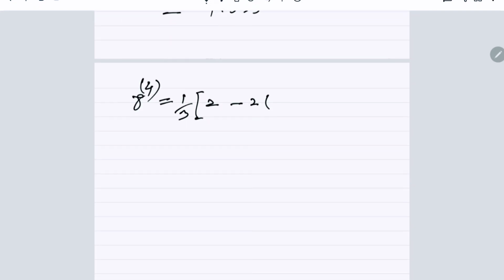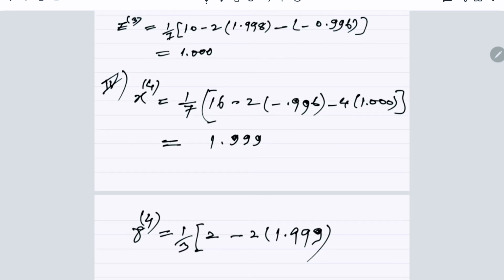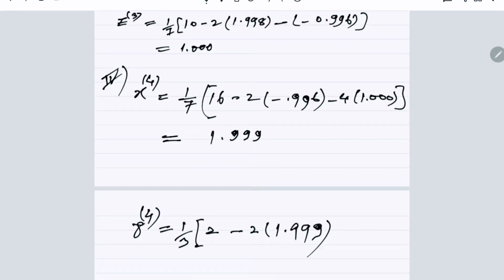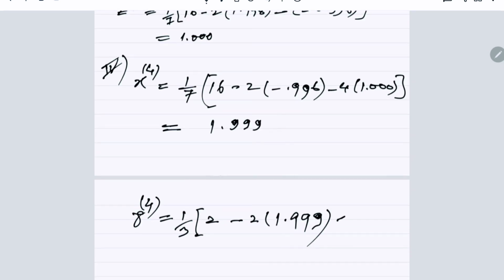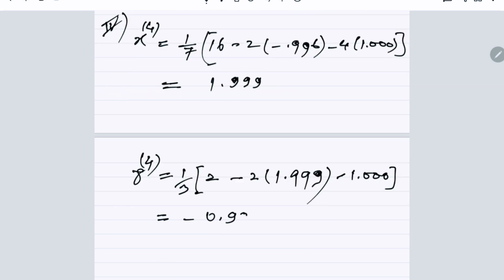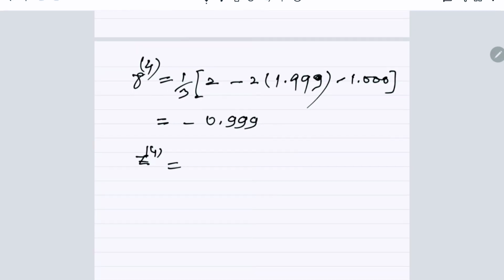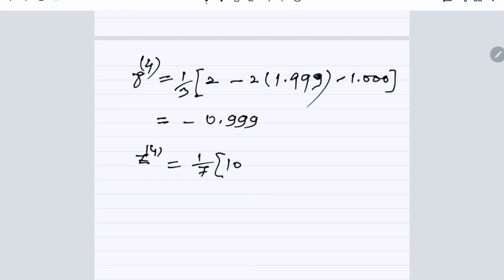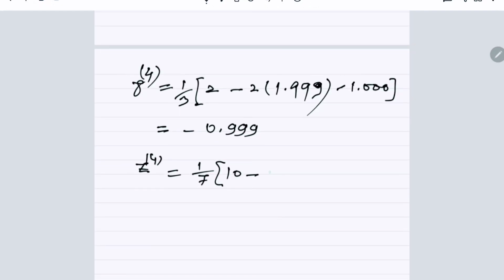Then y4 is 1 by 3 times (2 minus 2 times x, x is 1.999, and minus z, z is 1.00, the latest value of z). We get minus 0.999.